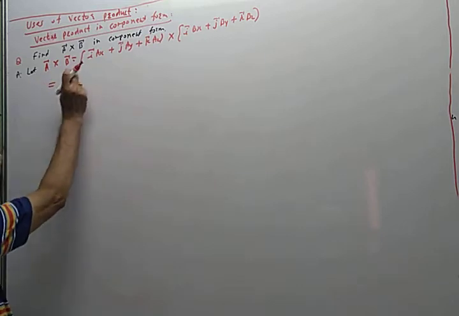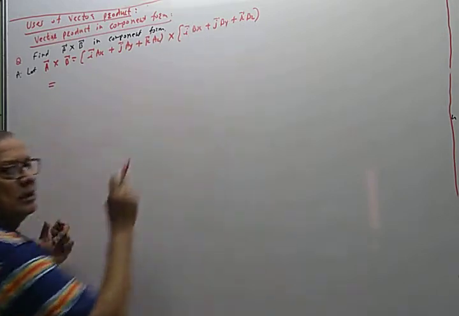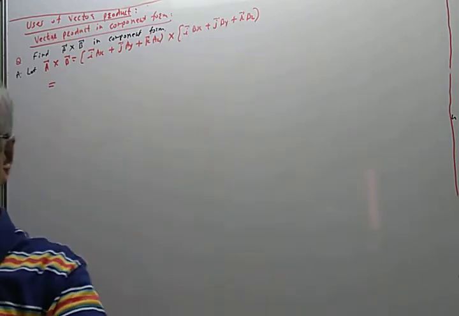So which are the 9 possible cases? First we will take the cross product of i, with j, with k. These are the first 3 terms.